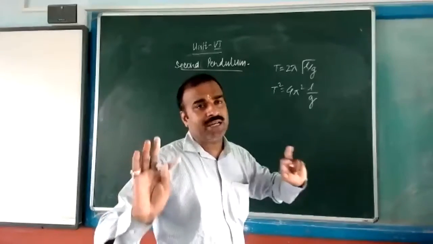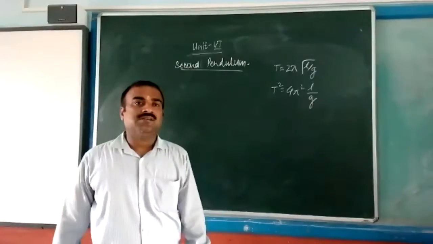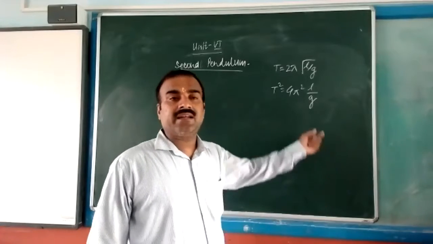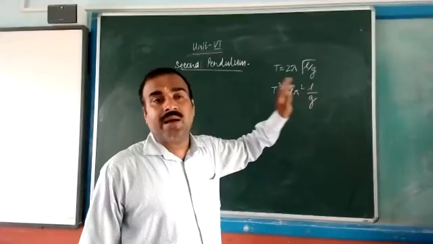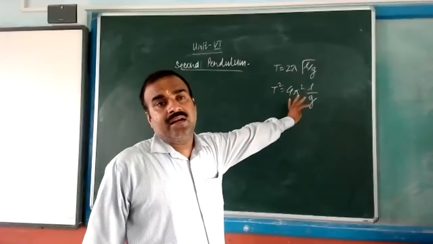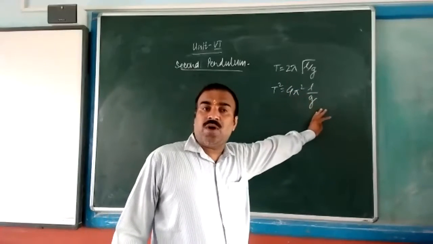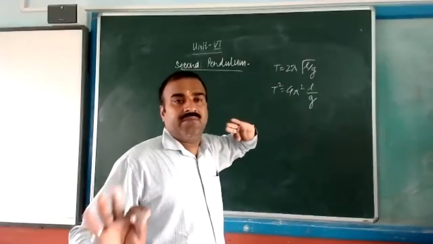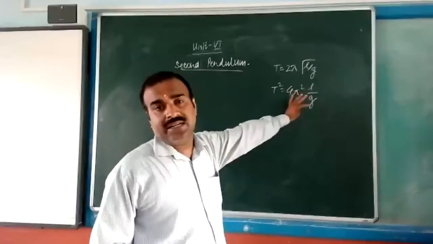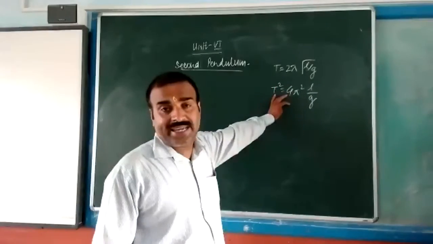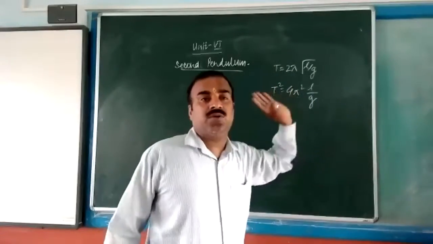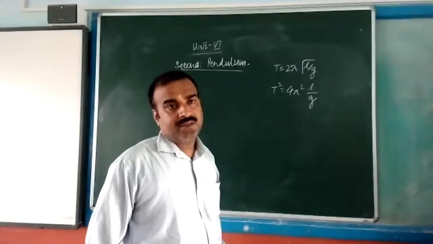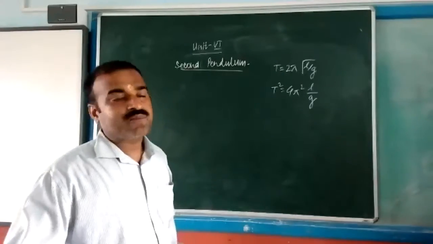Finally, anyhow you have to take the square root. If you have to find the value of L, it is okay, but if you have to find the value of T, then you have to take the square root to get capital T. Okay.